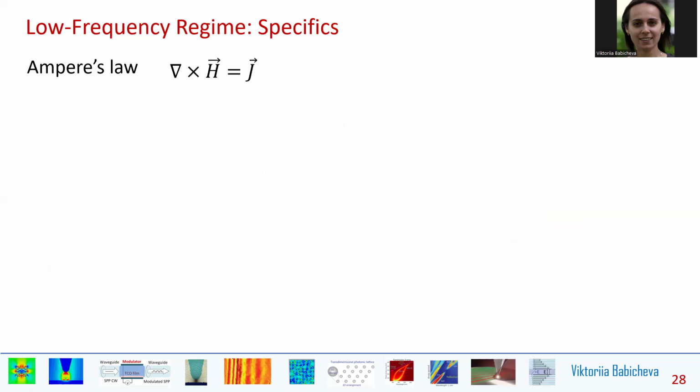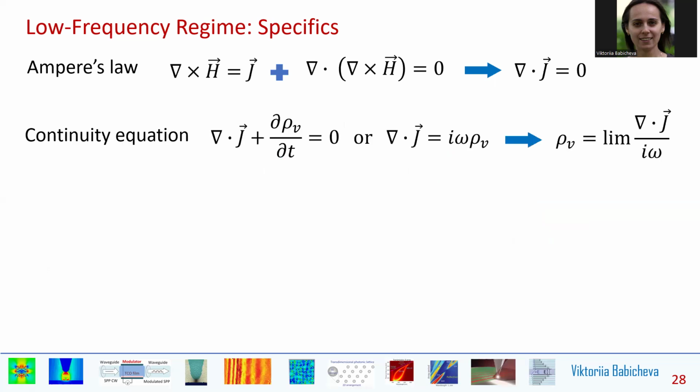Ampere's law says that current J produces magnetic field H, and since the divergence of the curl of H is equal to 0, it follows that this current is divergence-free. From the continuity equation, we can derive the relation between current J and the charge rho. This implies that the charge rho that produces the electric field E comes from the non-divergence-free part of J.